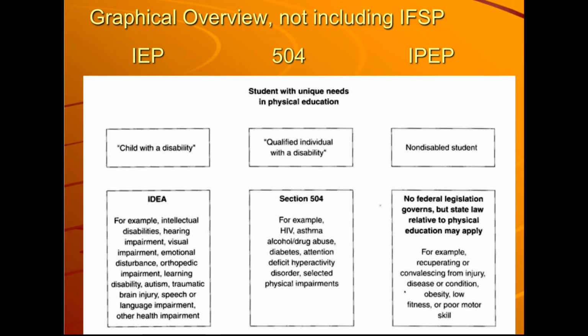Then they are qualified under Section 504 or the accommodations plan. So later I'm going to show you an example of that. And for students without a disability, dalawa yung choice nila, no?